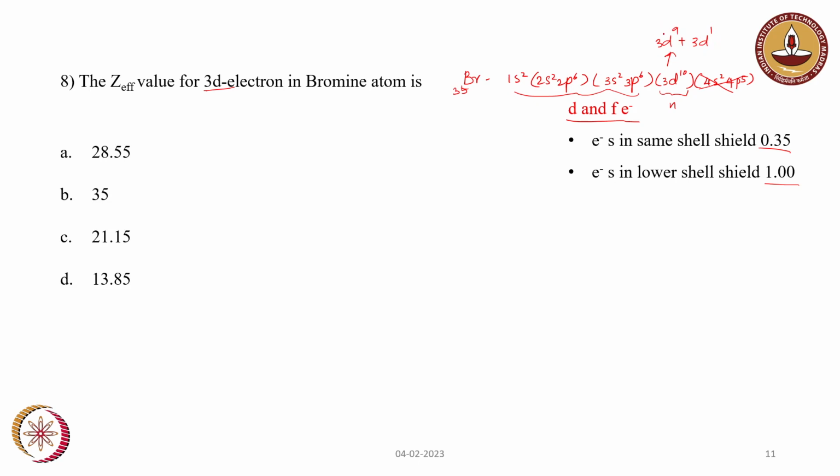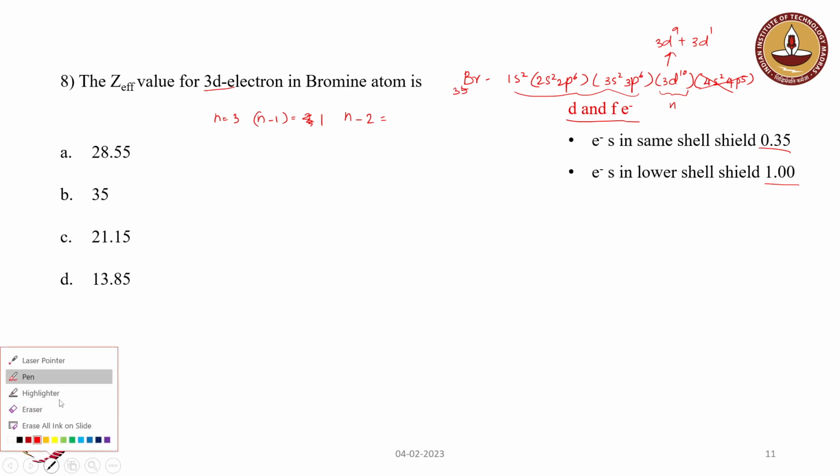So we'll have to calculate for the rest of the 9. Here n is 3, n minus 1 is 2, and n minus 2 is 1.